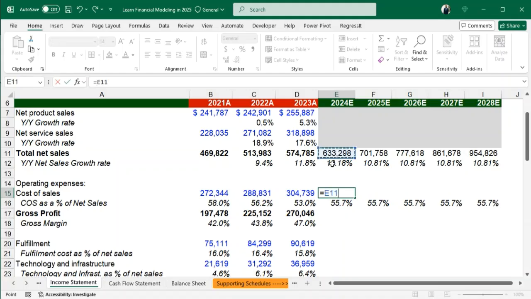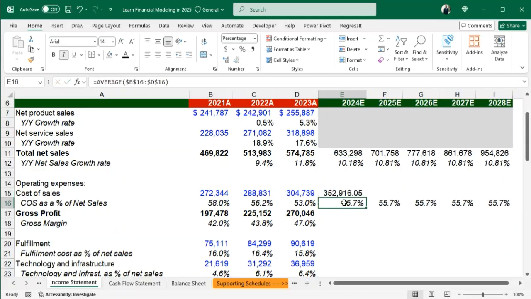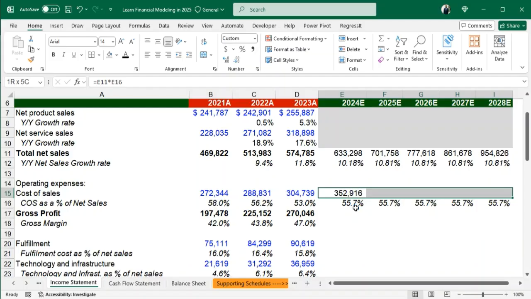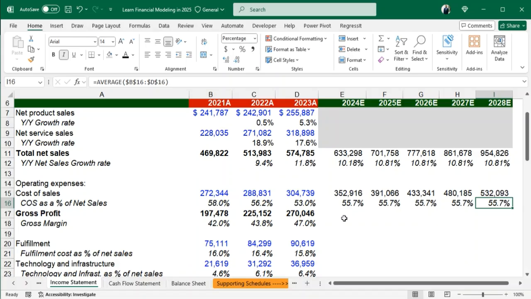So let's have that: this multiplied by our cost of sales as a percentage of net sales. So I'll enter that, reduce the decimal places to 0, and then I can copy this to the right using Control R. So that is going to give us that.